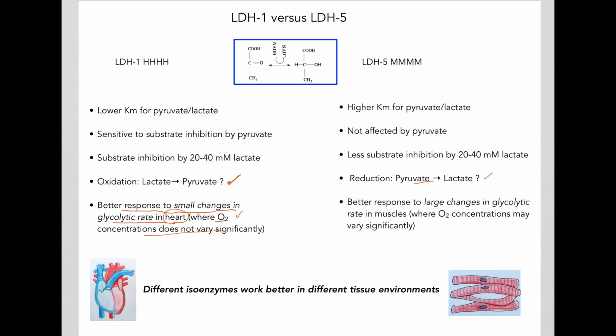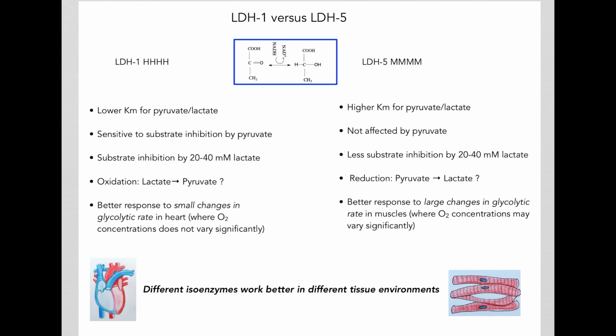However, in skeletal muscles, LDH5 seems to respond better to large changes in glycolytic rate, because the oxygen concentration can vary dramatically in skeletal muscles, and therefore the glycolysis rate can vary dramatically. And under these conditions, it looks like LDH5 is a better enzyme compared to the other isoenzymes of LDH.